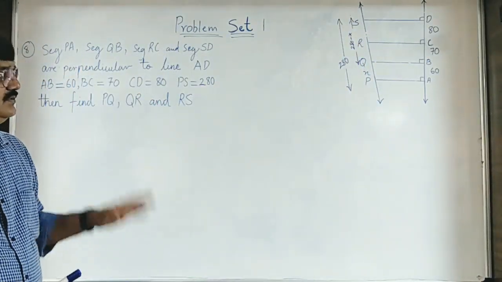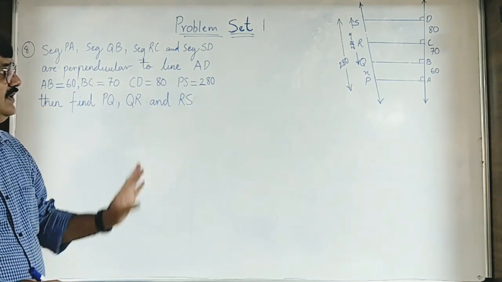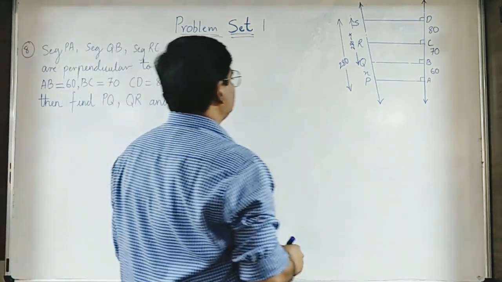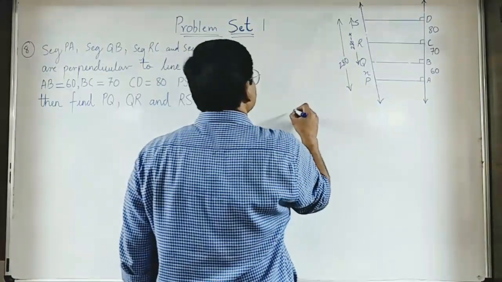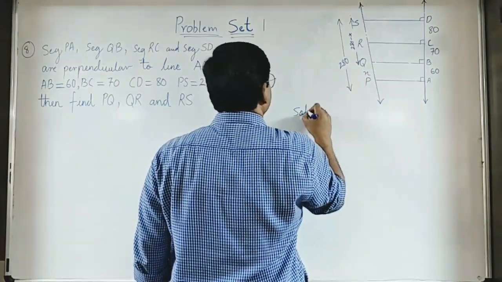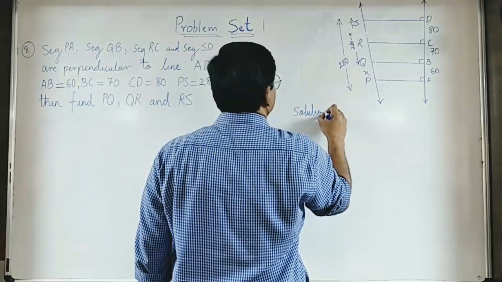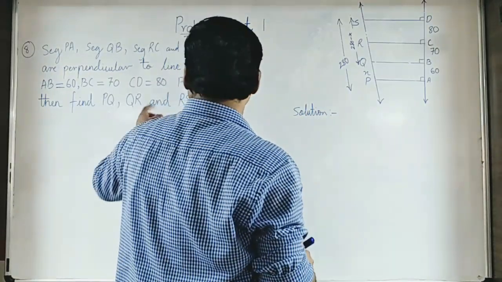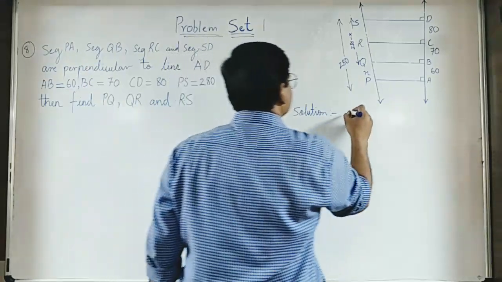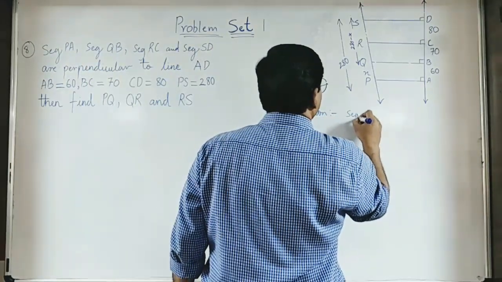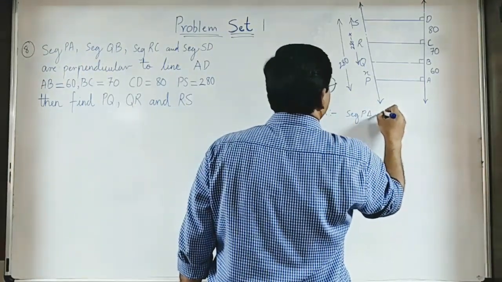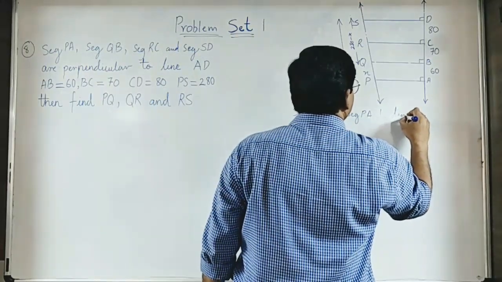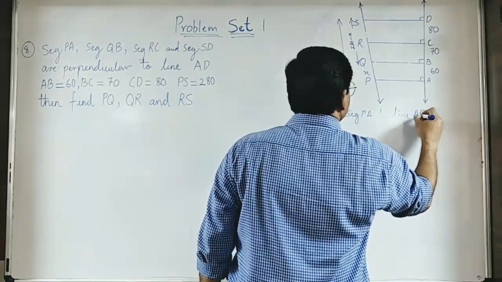Okay. So I have started. I have written all this over there. How to write it is very simple. I'll start with the solution. If I write it over here, seg PA is perpendicular to line AD.